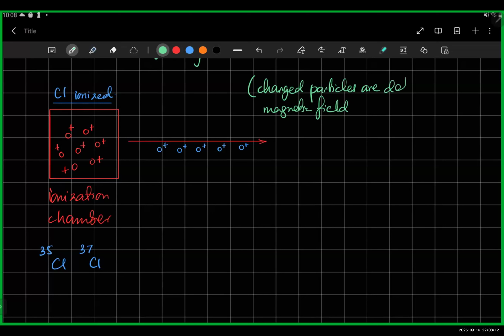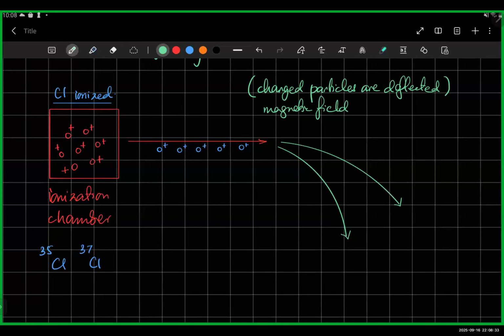So all these charged particles are going to get deflected, and you'll get two different deflections.